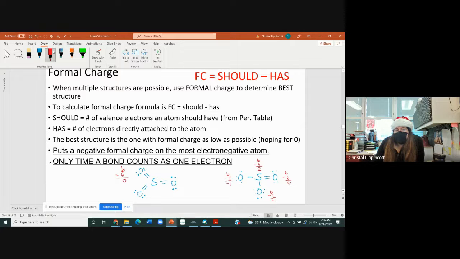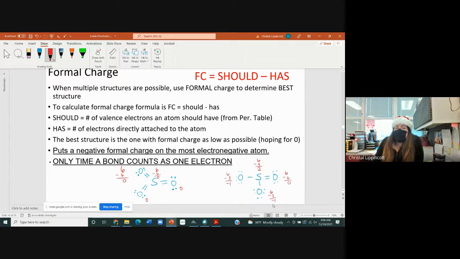So it is 0. And that's going to be true for this one and this one because they're all the same structure. My sulfur should have 6. It has how many? 6. So this is the preferred structure here because there's no formal charge on any of the elements. But again, there was no way for you guys to know about this because I had not taught you formal charge yet. So don't feel bad about it.